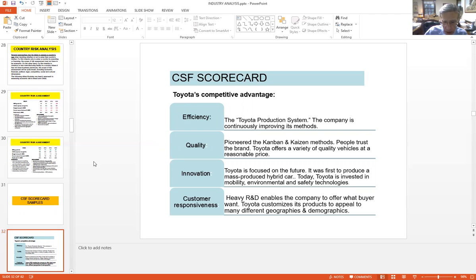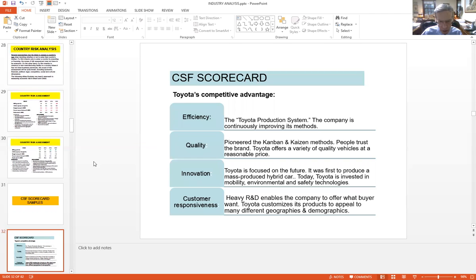There is one set of criteria for the competitive advantage foundation, for lack of a better term.